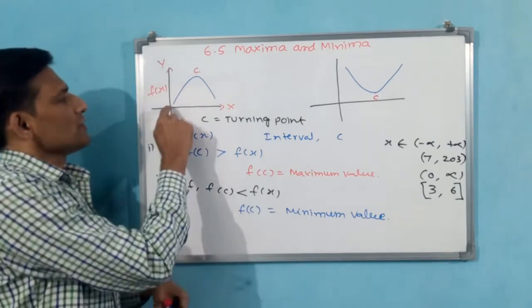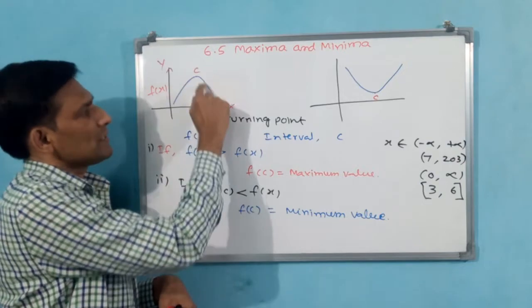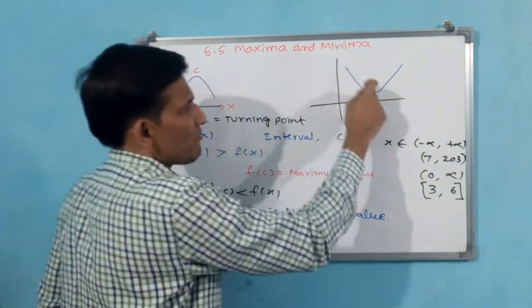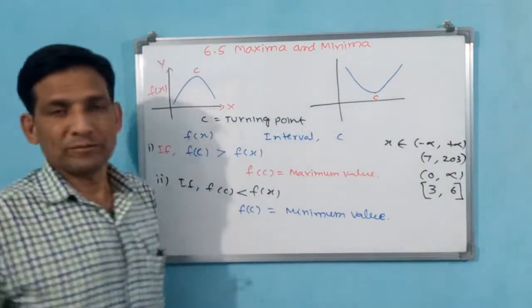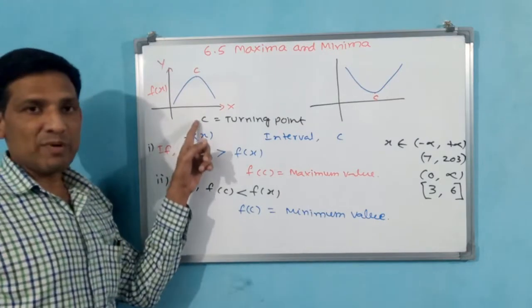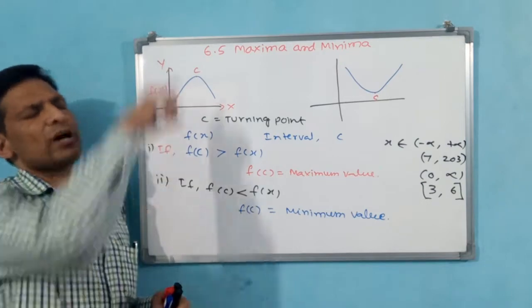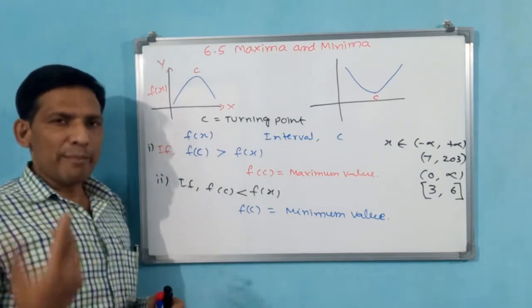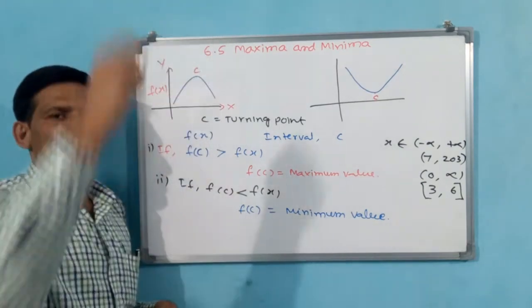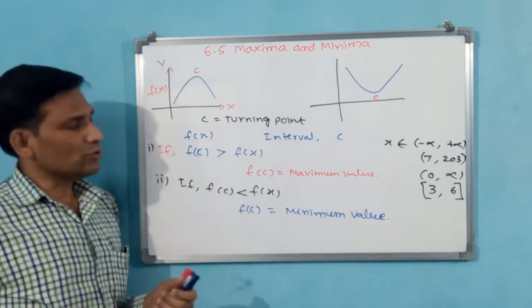Why? Because from minimum it goes to maximum and comes back again, from maximum to minimum it goes and comes back again. This is called maximum value, this is called minimum value. Maximum means in your brain itself you should have an inverted V. Minimum value means V. Like that, in your brain also you should have.